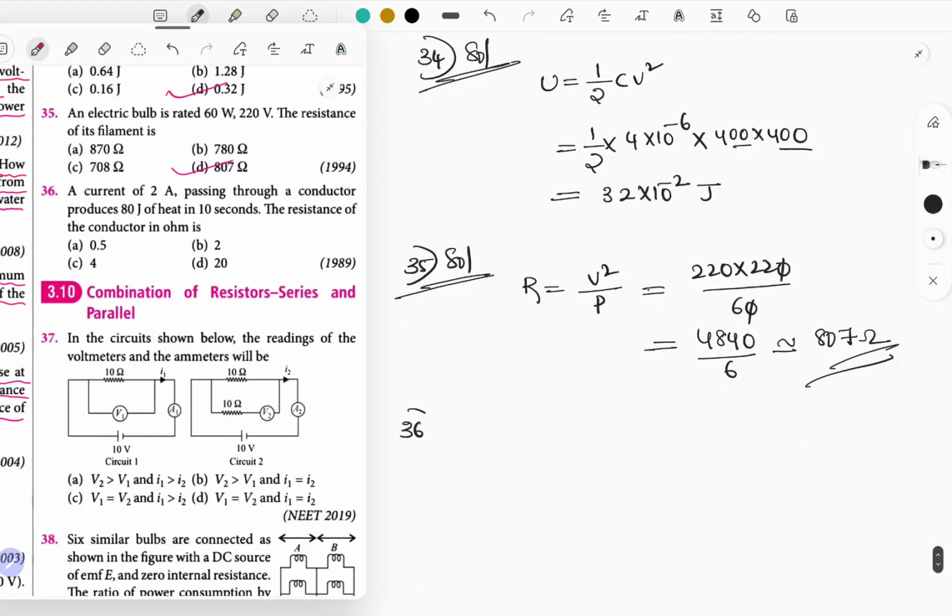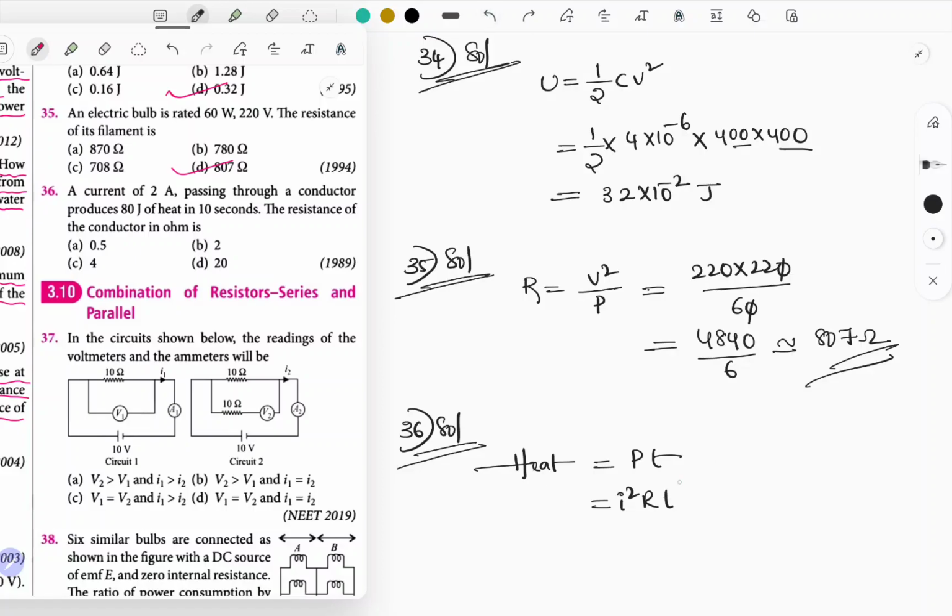Let's finish question number 36 also. In question number 36, a current of 2 ampere passing through a conductor produces 80 joules of heat in 10 seconds. The resistance of the conductor. They are asking heat. Heat is a form of energy, which is power into time. Power is I squared R into T. Heat produced is 80 joules.